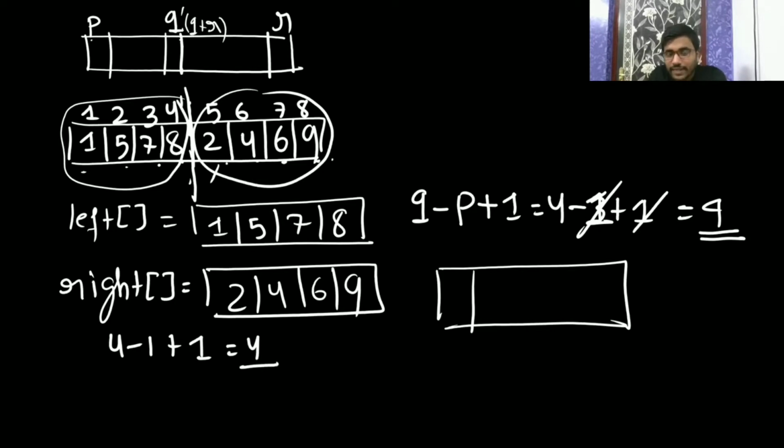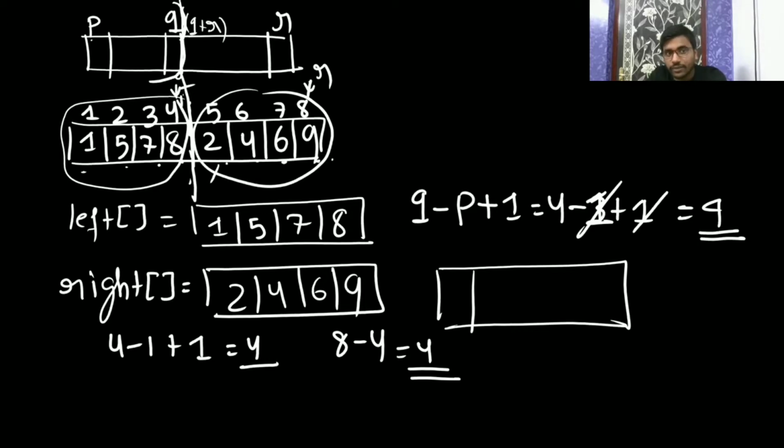How many elements are in the right half? From r, subtract q. So r is your 8, q is your 4, 8 minus 4, you are going to get 4. Because you are not going to include q here, you're not adding plus 1.